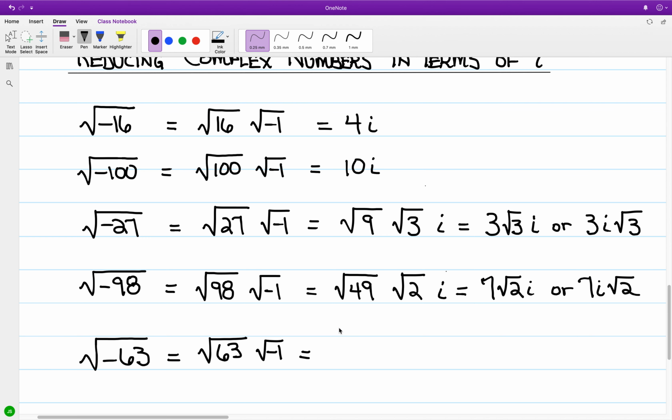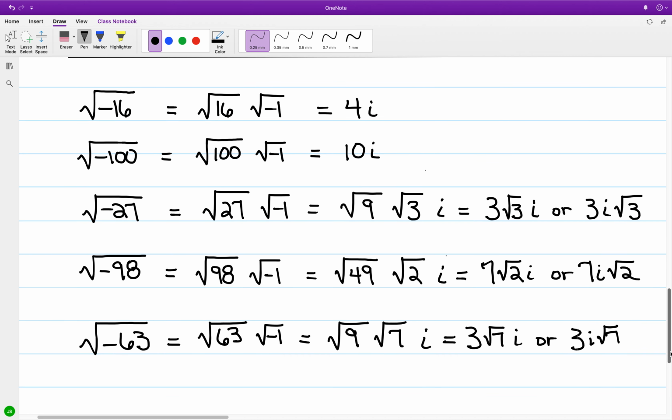Like 27 and 98, 63 can be reduced. The highest perfect square divisible into 63 is 9, so we have 3 times the square root of 7 times i, or 3i times the square root of 7.